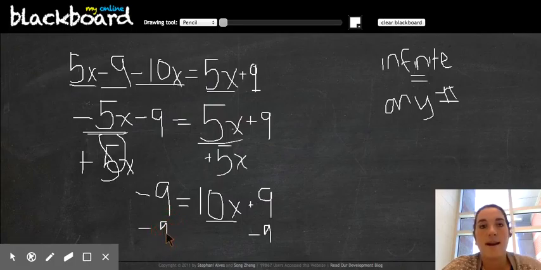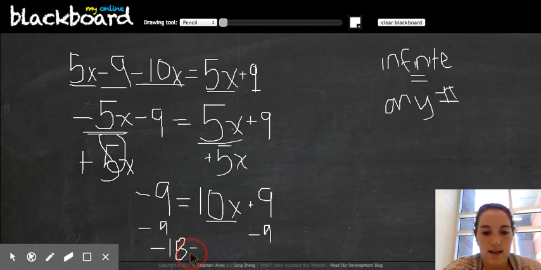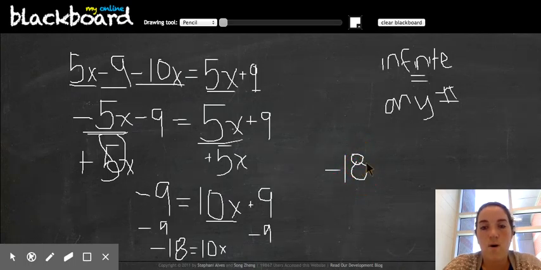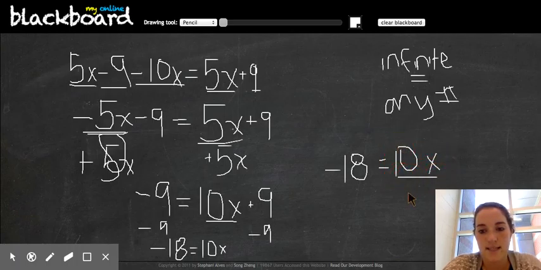Negative 9 minus 9 equals what? Negative 18. Negative 18 equals 10x. Rewrite it over here. What's the last step that I have to do to get my 1x by itself? I can divide by 10, because you want to do the opposite of multiplication to undo that 10x.